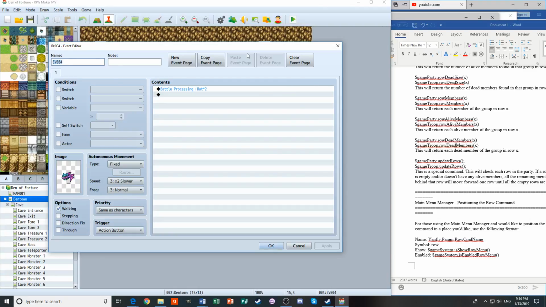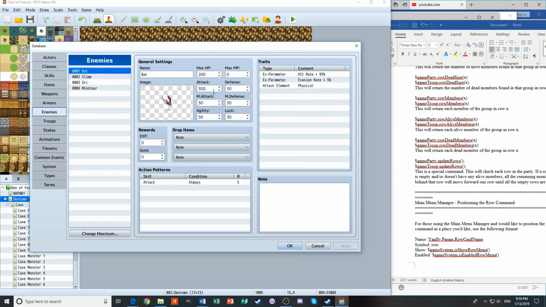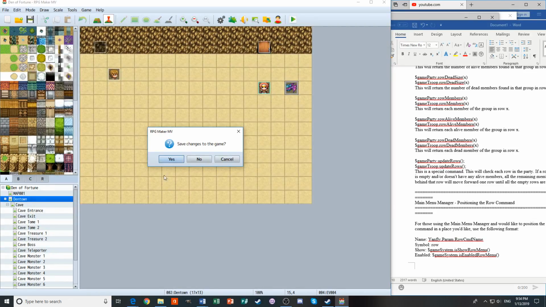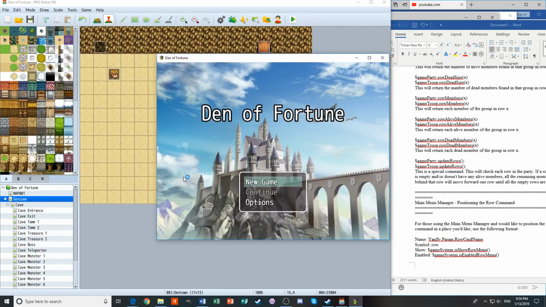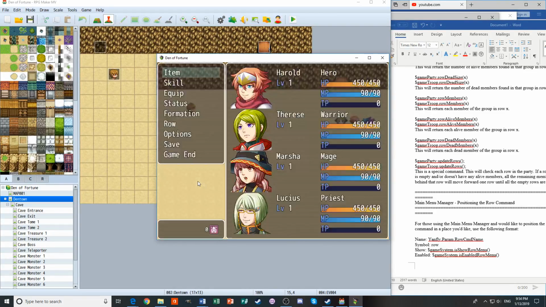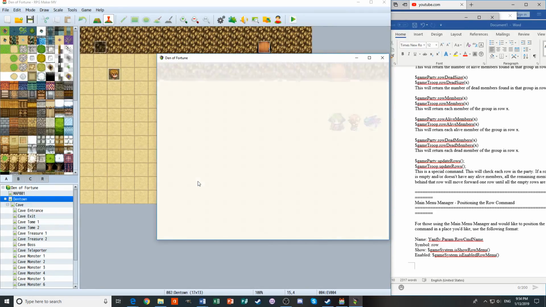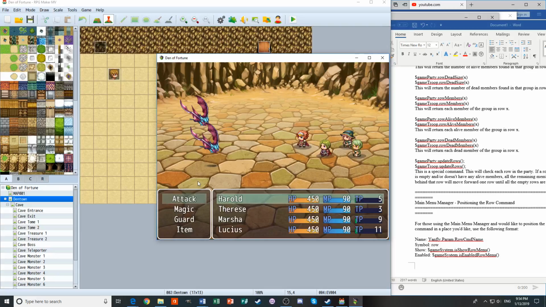Now, let's make sure that this is not going to move them forward when they shouldn't. So we'll take the bat and we'll put its attack back down to a more reasonable value, and we'll test this again. Okay.